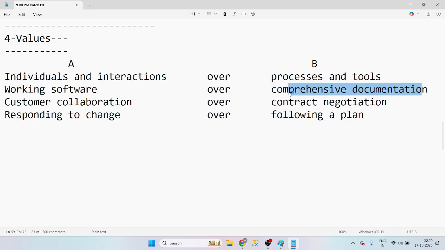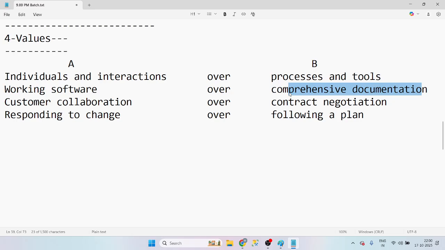One document. Those are like many documentations only. Okay, different papers, right? But what we are saying is, we are mainly focusing on working software, not on comprehensive documentation.